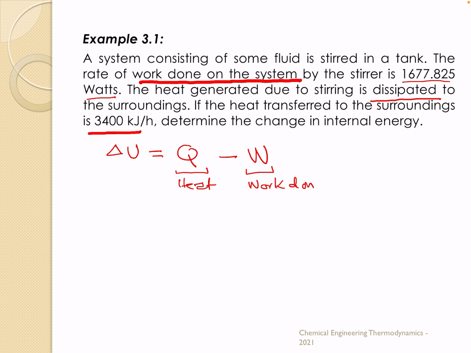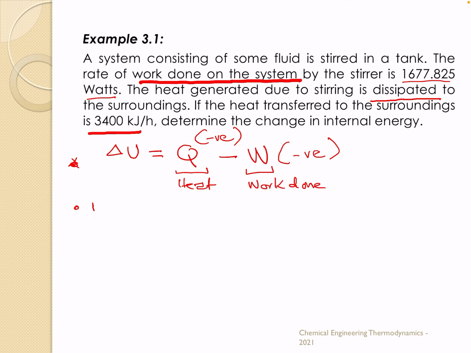Since the work done is on the system, it will be negative, and the heat will also be negative, since it's been dissipated. We've got the equation and the conventions. The next thing we need to take note of is consistency of units. So let's start with that.